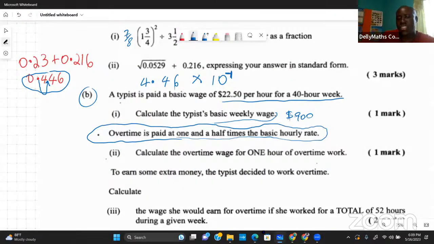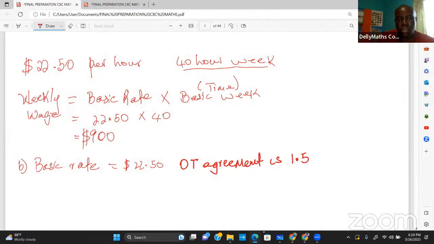They are saying calculate your overtime wage for 1 hour. So how much would you make for 1 hour? Well, all you have to do is to find out your rate for that hour. Let us take a look. So now my OT, overtime rate, this is referring to how much I'm going to make per hour.